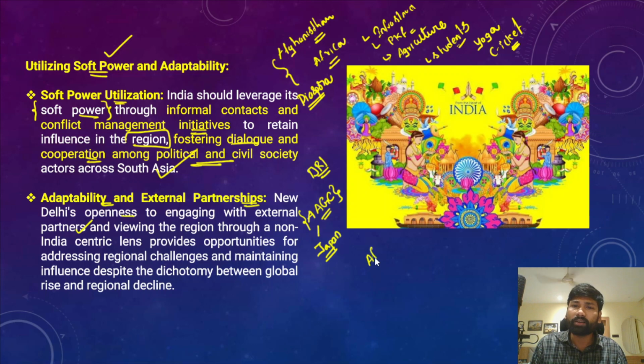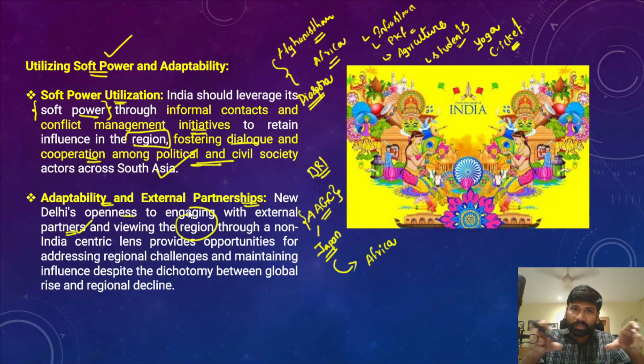So we have been cooperating with Japan, another like-minded country which has been facing similar challenges, to address the infrastructure deficit of Africa. So this indicates India's openness to engage with external partners, and at the same time we are looking at the region through a non-India lens.